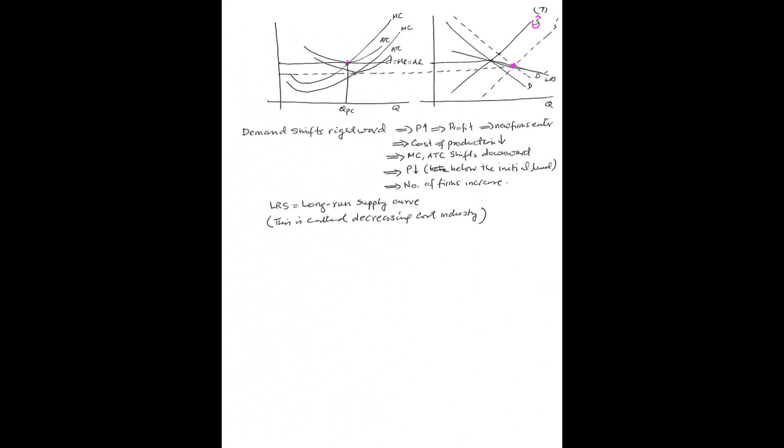This is slightly lower than the actual price. So notice price has gone down. If it was 20, now it is $18. Why has price gone down? Because the cost of production has gone down as well. And notice that each firm is producing slightly more because this is the firm's production point.